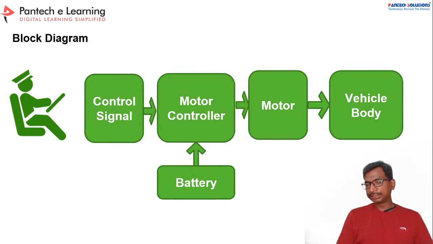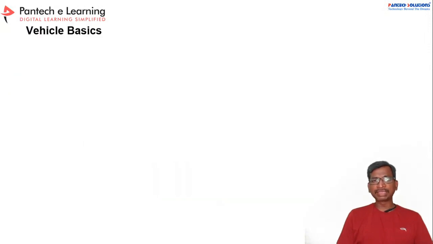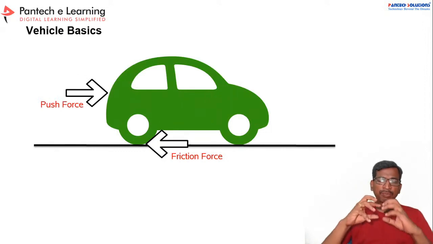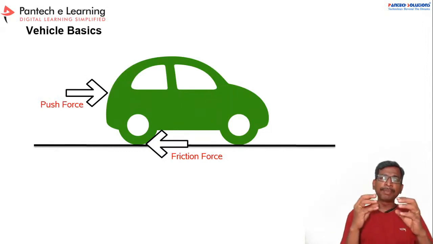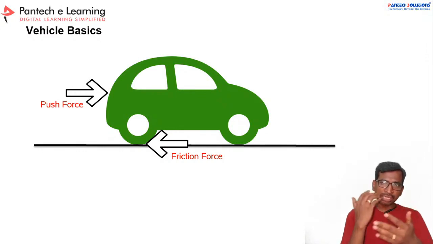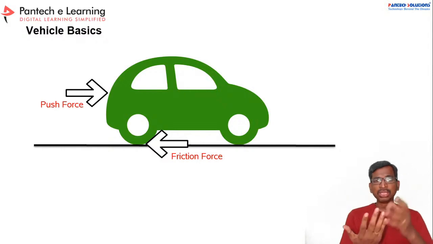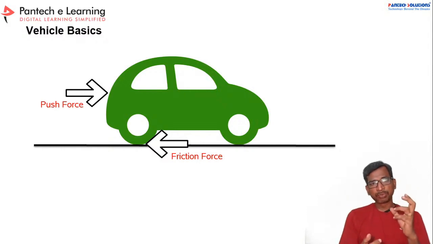Great, thank you. So let's recap our basic vehicle concepts. As we know, if you want to develop the EV system, first we should know the basic calculations, how to calculate the motor power. To calculate the motor power, you should know what is the friction force and what is the push force. The push force is generated by the motor to drive the vehicle from standstill position.